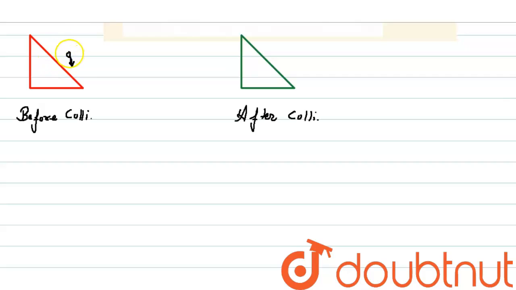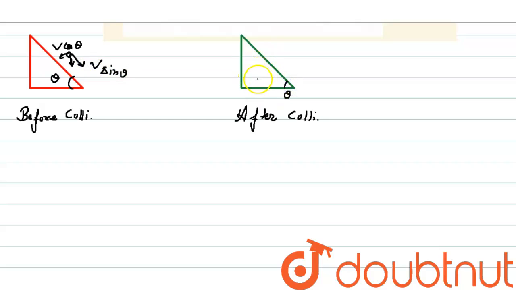So this angle will be theta. So this will be v cos theta, and this side will be v sin theta. This side will also be theta.